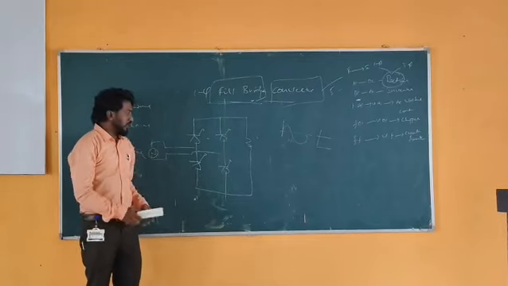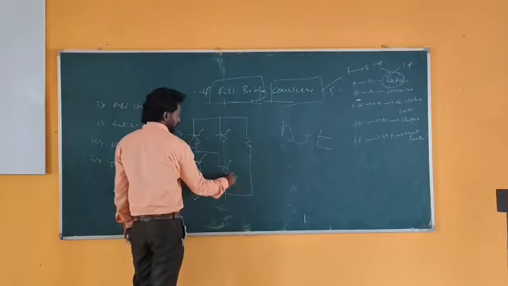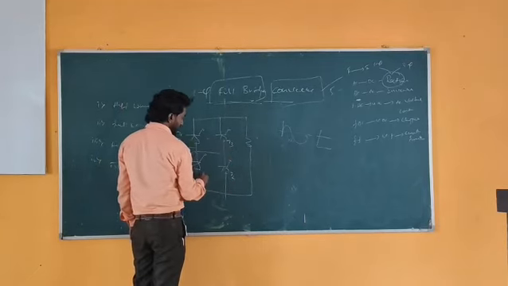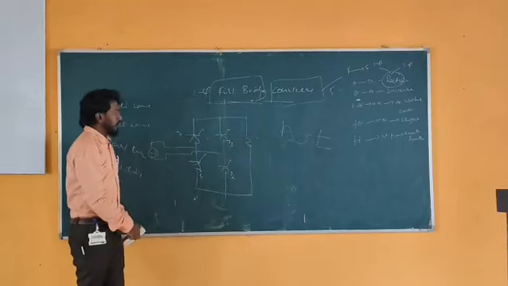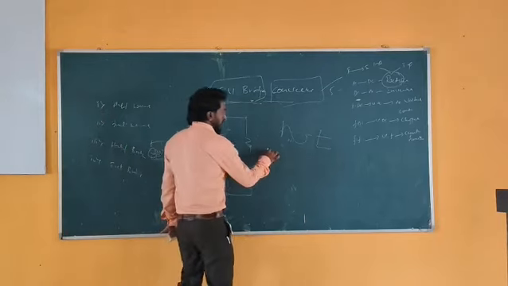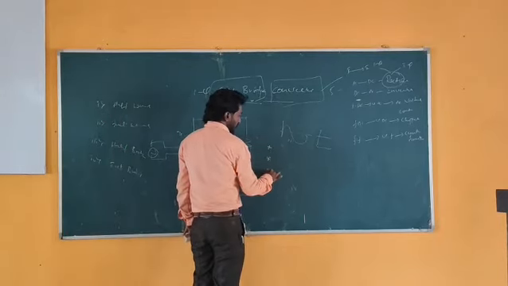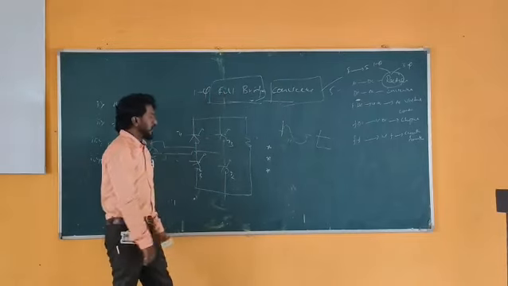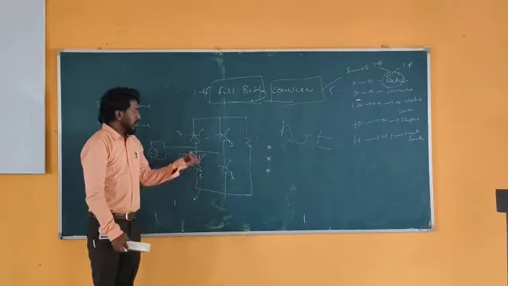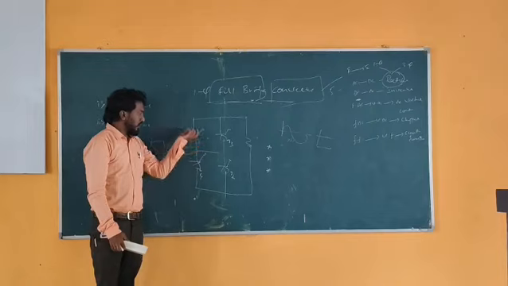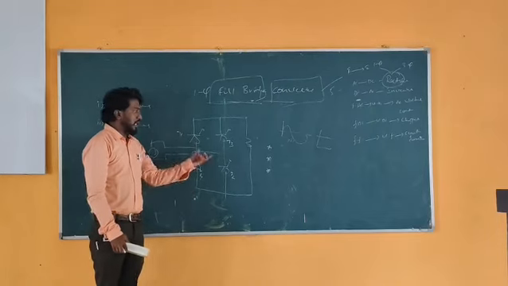We have four thyristors, T1, T2, T3, T4, and we need to follow three conditions while operating the full bridge converter. Condition one: no two devices of the same leg will conduct at a time.